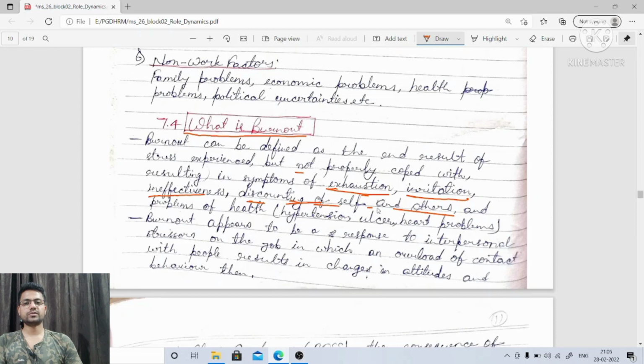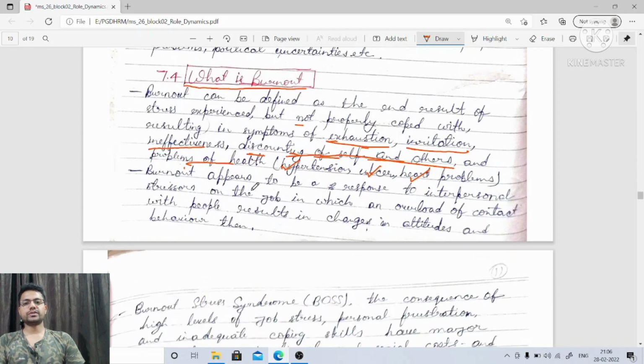Health problems also, such as hypertension, ulcer, and heart problems. In simple words, burnout is the end result of stress if stress is not properly managed. The symptoms are exhaustion, irritation, ineffectiveness, and health problems like hypertension and heart problems.